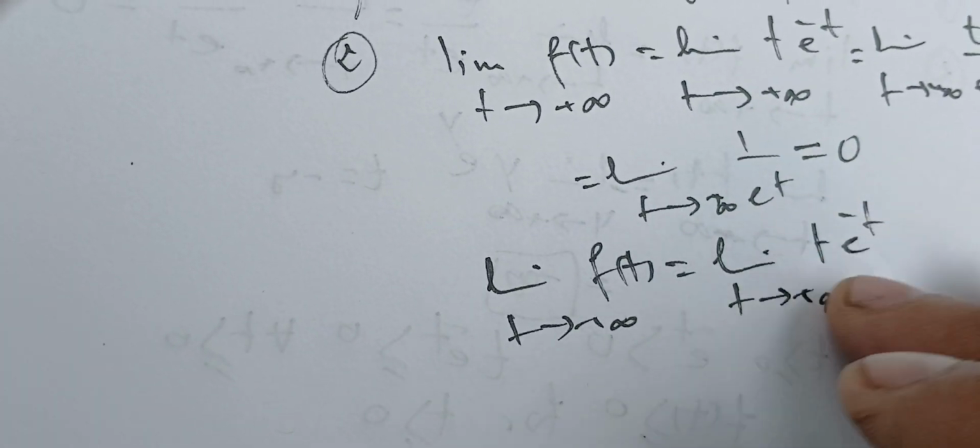Now we compute the limit of f of t as t goes to minus infinity. If we try to evaluate, here we have minus infinity times plus infinity, and we can't have a conclusion here, so we need to do something else. Try to use L'Hopital's rule here. I'm going to use a different technique.